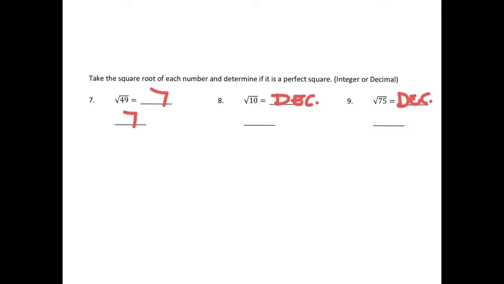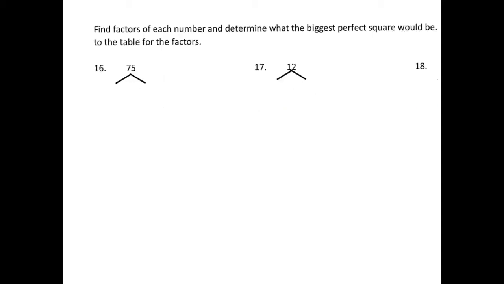So the only thing that you need to do here is put it in the calculator and write the actual answer. The square root of 10 is 3.16, and the square root of 75 is 8.66.